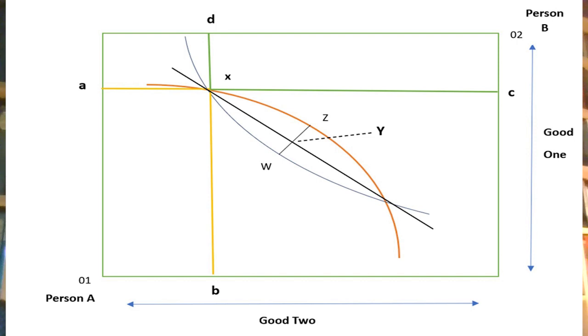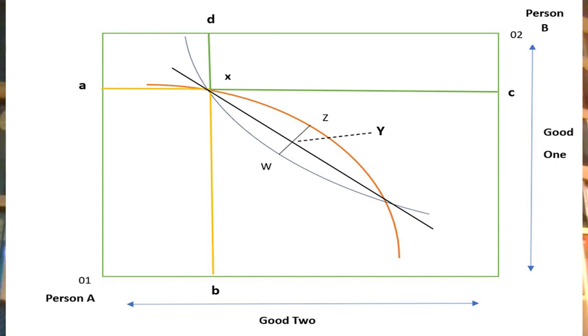For example, at point X, person A has O1A amount of good 1 and O1B amount of good 2, while person B has O2C amount of good 1 and O2D amount of good 2.